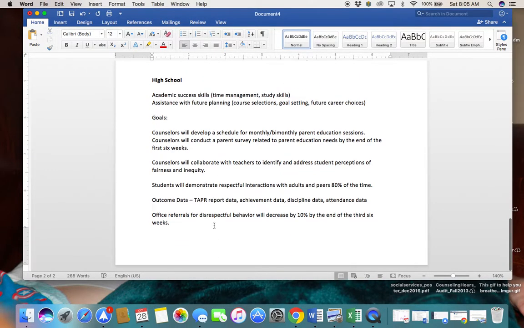But those would be some examples of district goals that we would look at. And if we're using outcome data for that, we would need to be looking at district-wide outcome data, not just campus data. So we would have to look across the board, but then you also could have your own outcome data on your own specific campus.